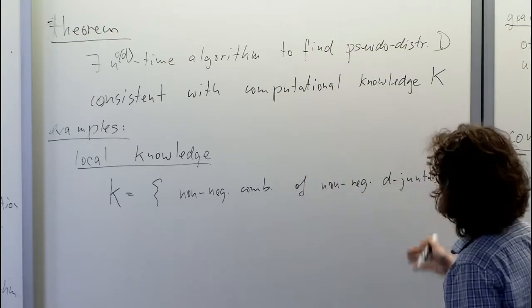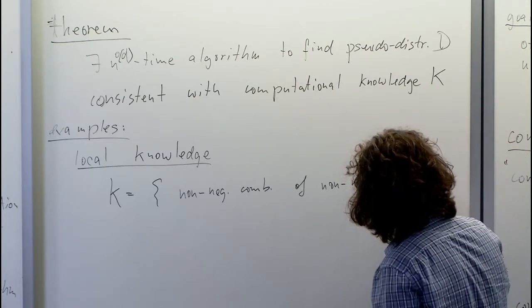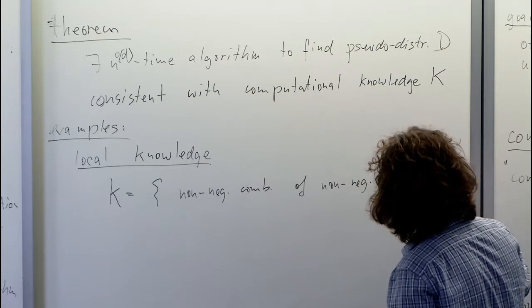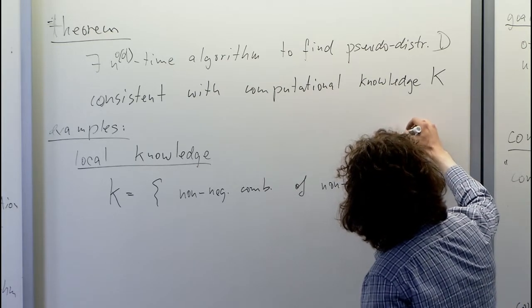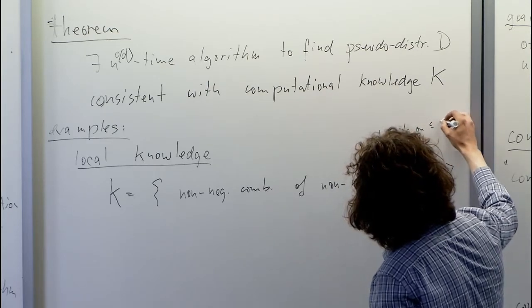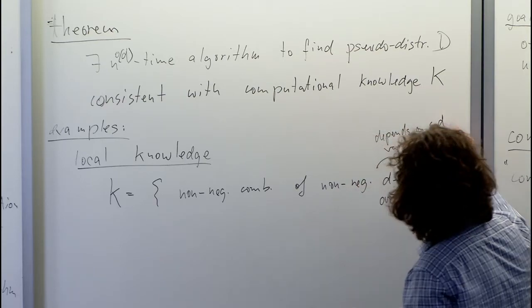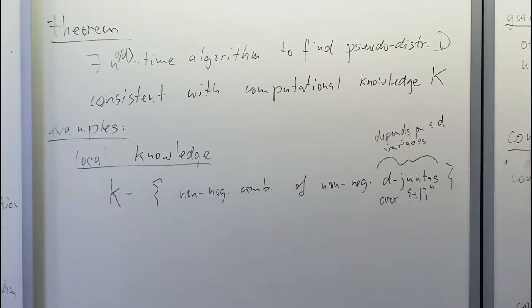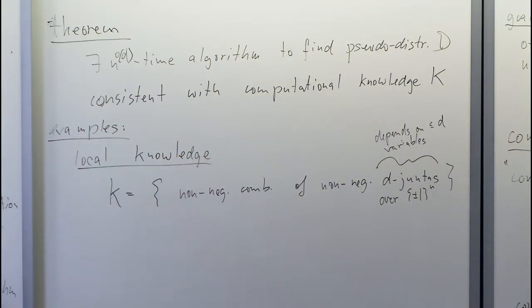These are D-juntas over the hypercube. A D-junta is a function that depends only on at most D variables. So these are functions that are non-negative everywhere on the hypercube.